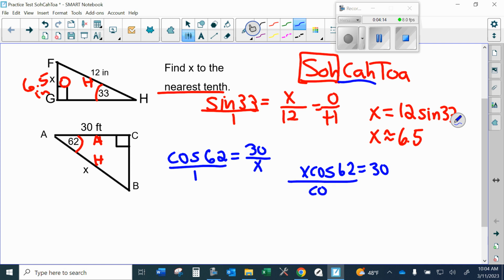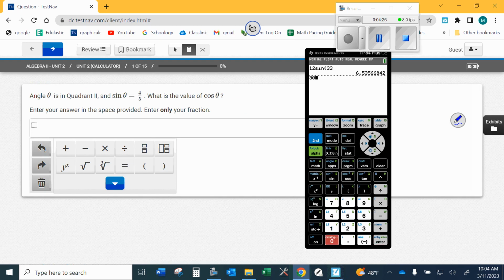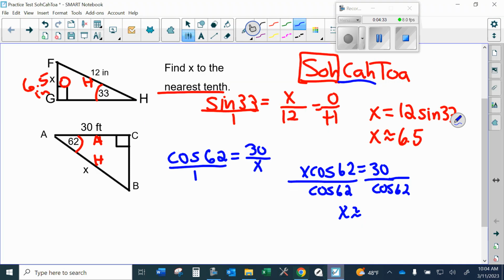Last step, divide by cosine 62 on both sides to get x by itself. That would be the exact answer, and we want nearest tenth. So 30 divided by cosine 62 is 63.9 feet.